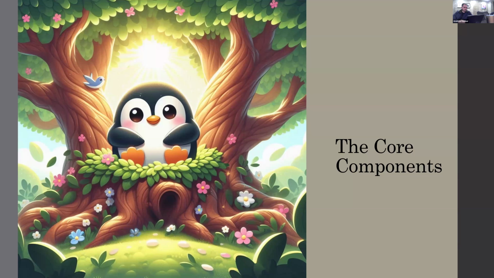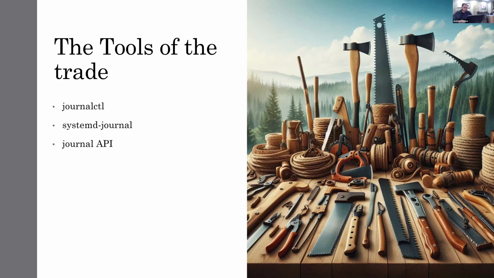So let's look at the core components of systemd. You've got journalctl, or journal cuddle if you're going with the Kubernetes world love of weird stuff. Then you also have the systemd journal, which is the system that's actually doing all the collating and is the behind the scenes sort of stuff.